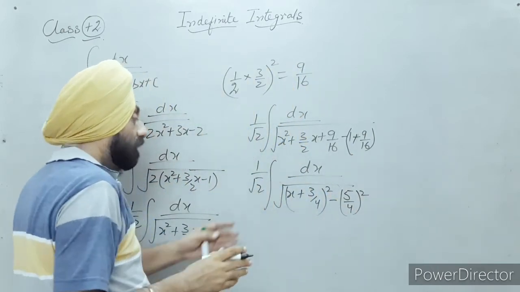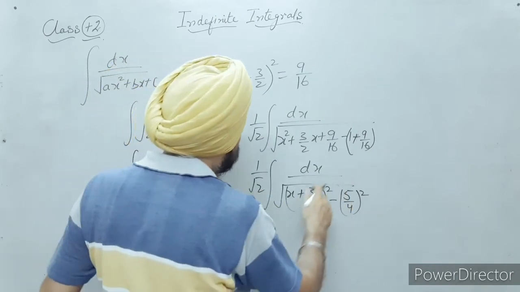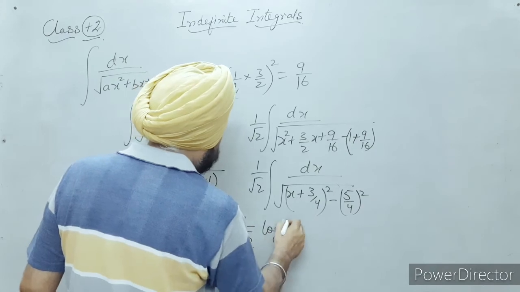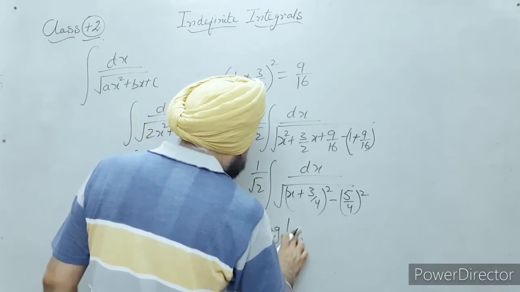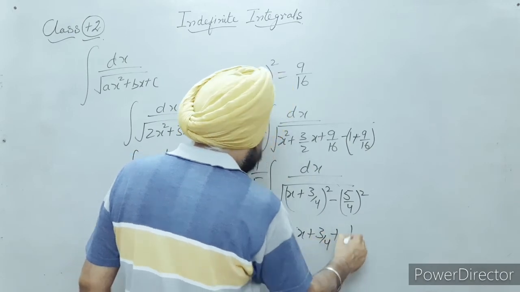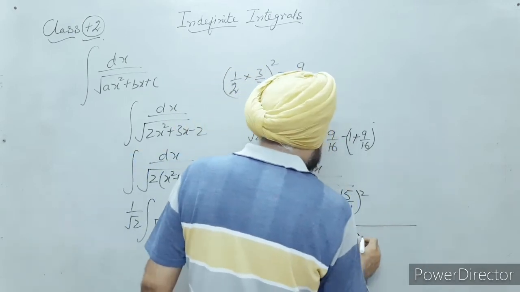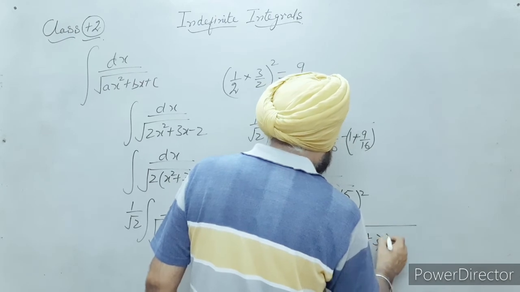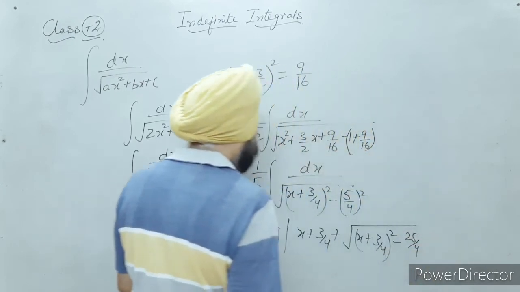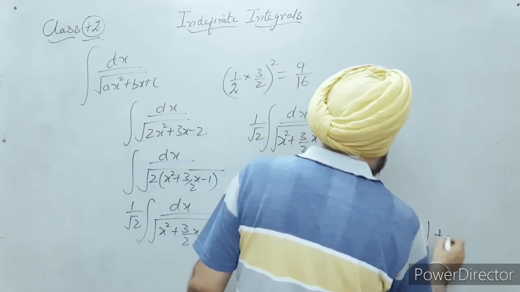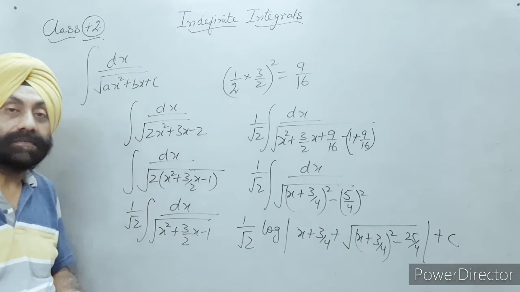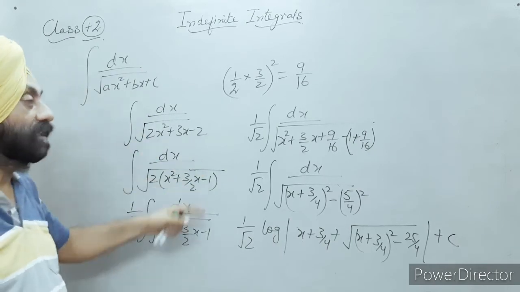Now again, it is x square minus a square under the root, 1 by under root 2, its formula is log of x plus under root of x plus 3 by 4 whole square minus 25 by 16, plus c. Solve it a bit, the rest is your answer. I hope it is again very clear.